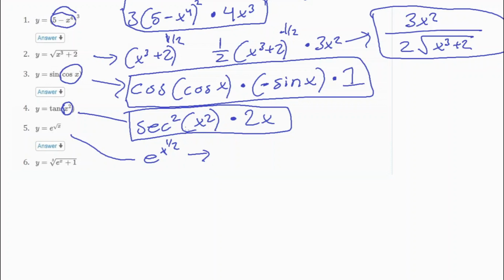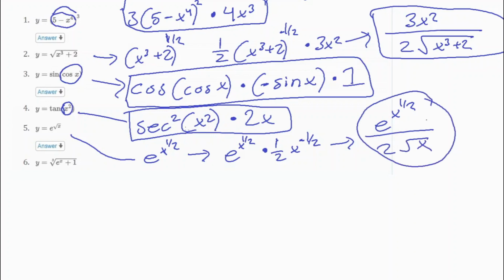So the derivative of this by the chain rule is going to be e to the x to the half power, multiplied by the derivative of x to the half power, which is going to be half x to the negative half power. So we could rewrite this as e to the x to the half power over 2 radical x. And that would be your final answer.